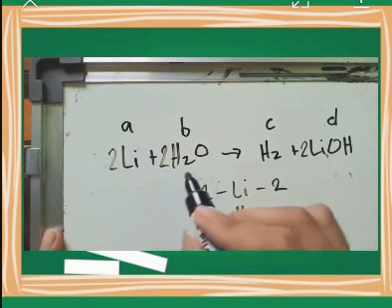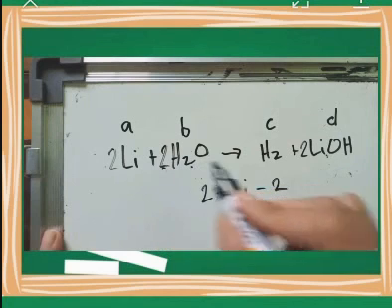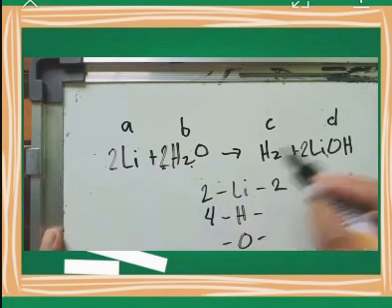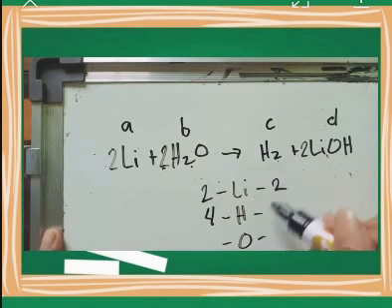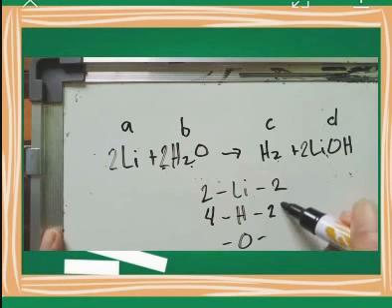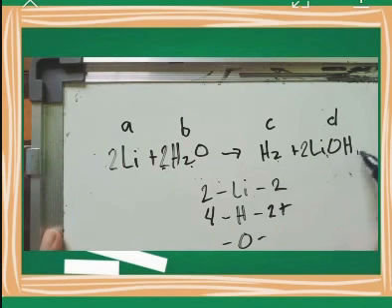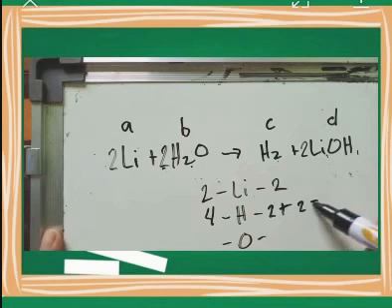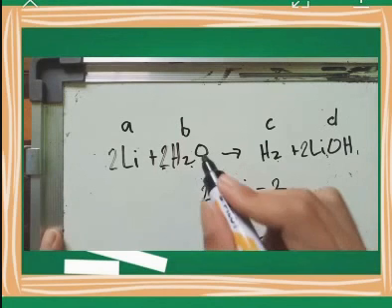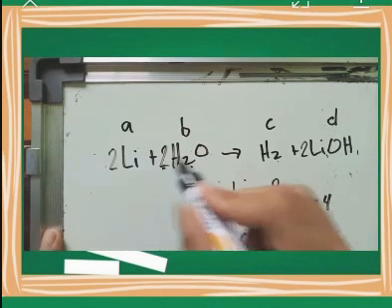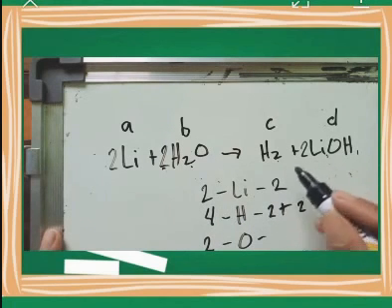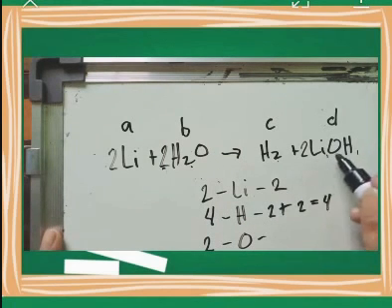And hydrogen, 2 times 2, therefore 4. On the product side, 2 hydrogen plus 2 times 1 equals 2, therefore 4. Oxygen is 2. Oxygen on the product side is also 2. 2 times 1 equals 2.